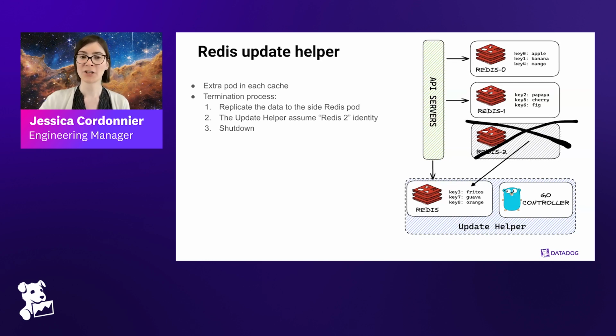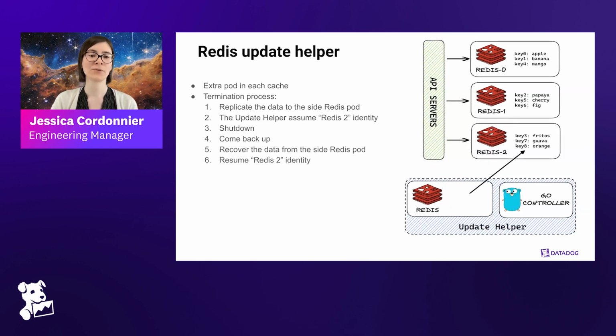Now we can safely shut down Redis 2. We bring it back up, and then we do the same process in the other direction. We ship all the data back from that side Redis pod to Redis 2, and Redis 2 reassumes its identity. By doing this, we can basically do a graceful shutdown of a Redis pod without any data loss.